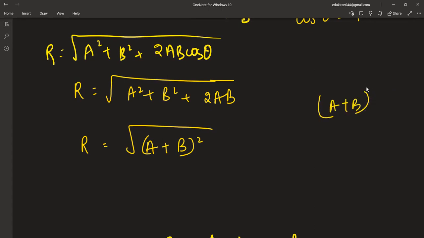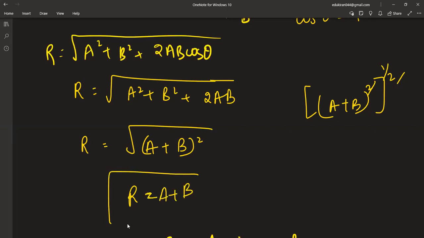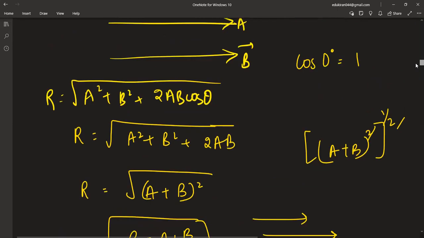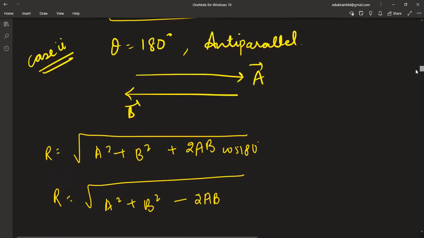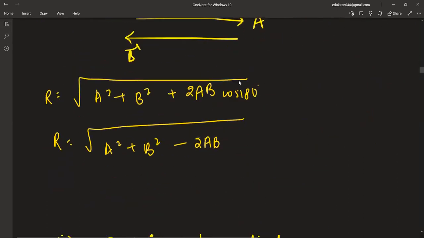See, when we write root, root means half. So half with this 2, they'll get cancelled. So we are just left with a plus b. See, this is the reason why whenever two vectors, velocity, forces were acting like this, we used to add them, because the angle between them used to become 0 degrees. But when they are anti-parallel, cos 180 will be put, that becomes minus 2ab.